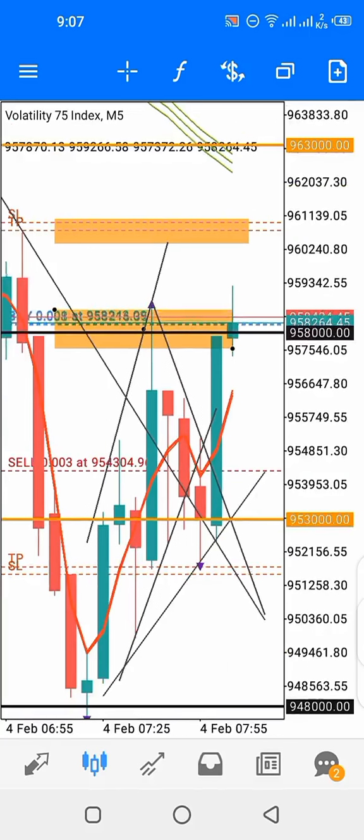The buyers are in charge and they are going to take price higher. So I will expect the buyers to take price as high as 962,000 level before we can see a drop in price.